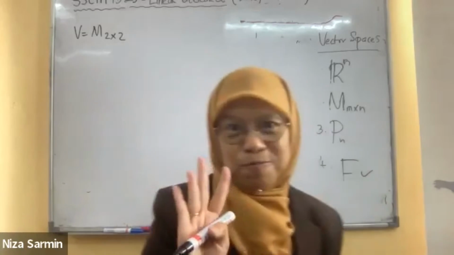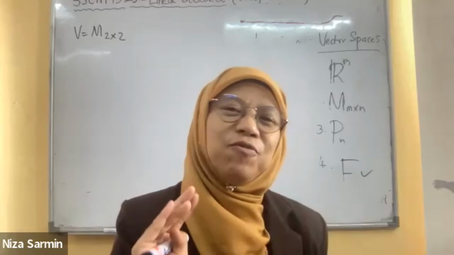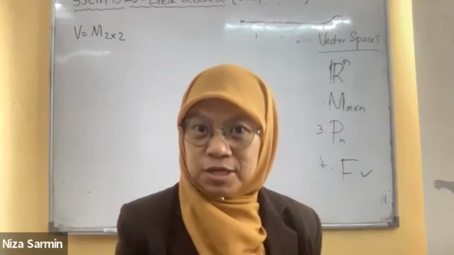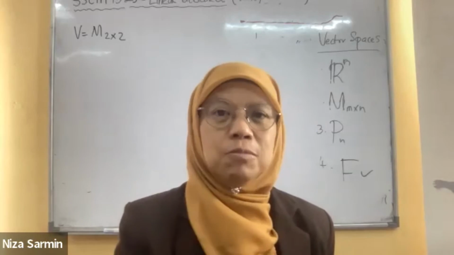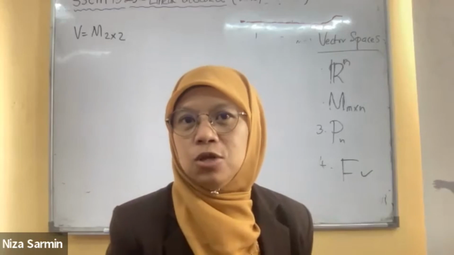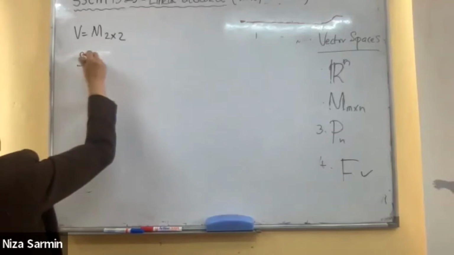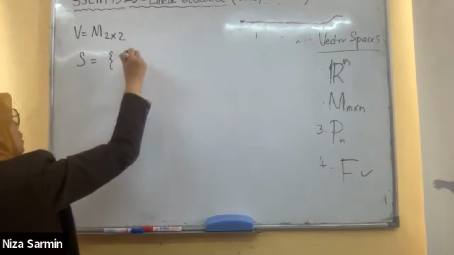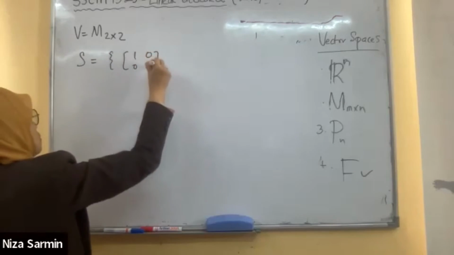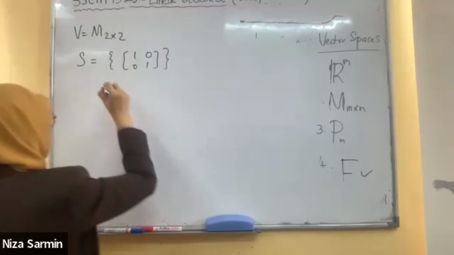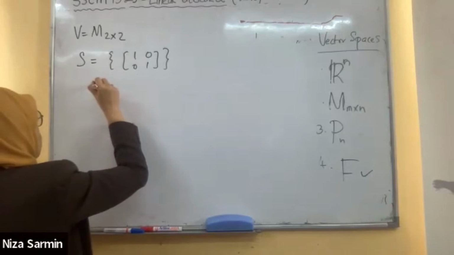You need at least 4 to span. Yeah, because the dimension is 2 times 2. If it's n by n, you need n squared to span. So if you are given just 1 like this, it does not span. You have to have at least 4.